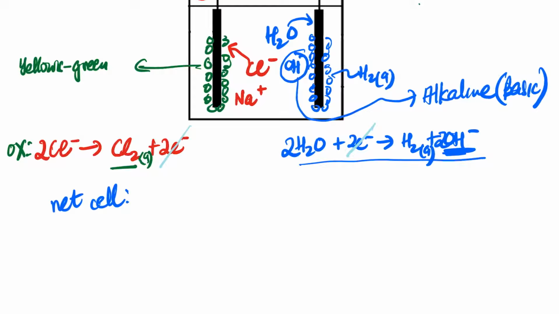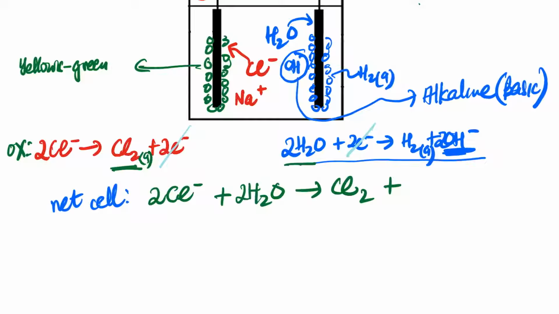So when you balance the two half reactions, you are going to have two chloride ions plus two water molecules, then arrow, and then you have chlorine gas plus the hydrogen gas and the two OH minus, right?